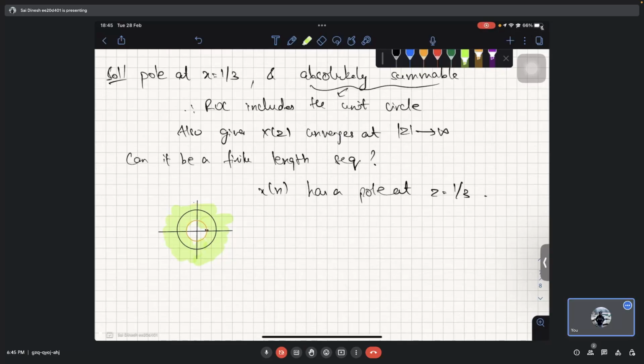So can this tend to infinity, or will this be bounded by another region?